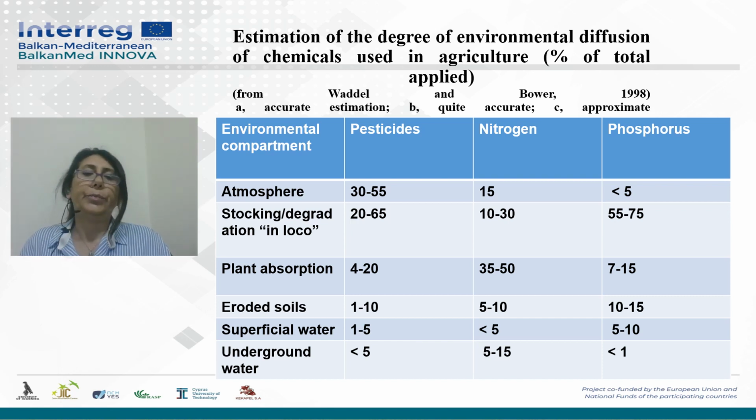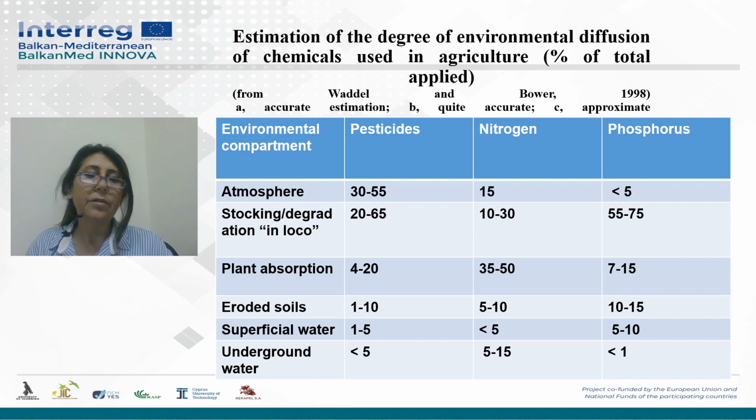So, let's take into consideration, for example, the pesticides. From the table, we see that the majority of the pesticides go to the atmosphere and to the place where they are used, in loco.